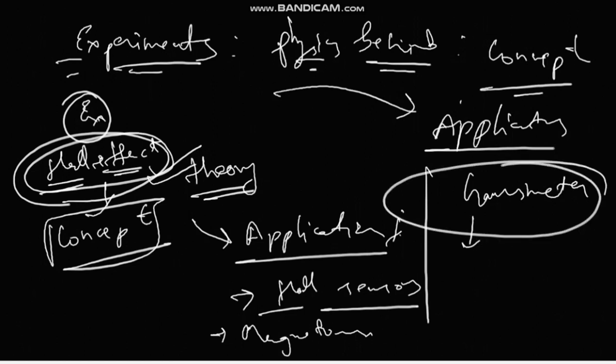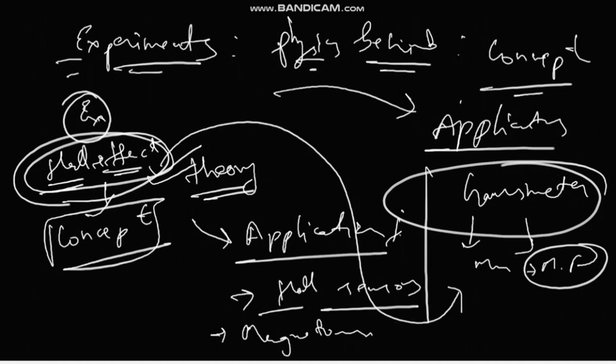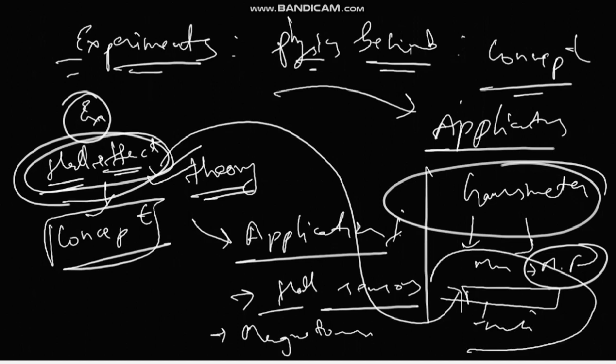With a Gauss meter, we generally measure the magnetic field. And in order to measure that magnetic field, in the Hall effect experiment, we also use the Hall effect phenomenon, because that probe uses the Hall effect method. So these types of concepts and some important things, I'll make sure all of you get to know.